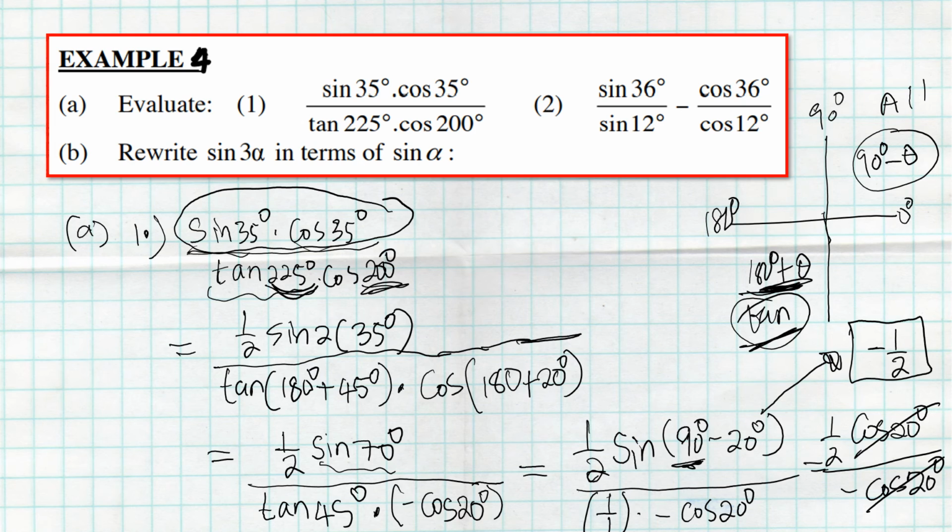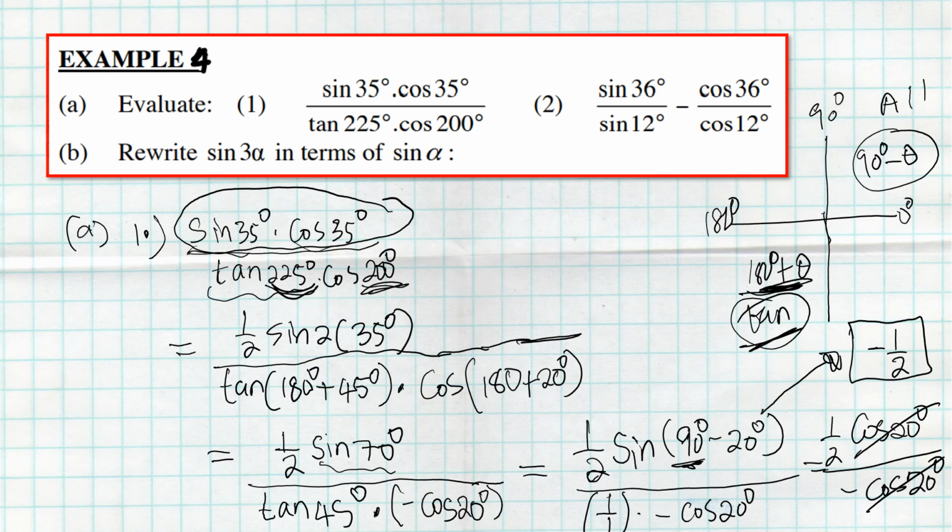It's very important that when solving trig identities, you must be thinking of all the knowledge that you have learned about reduction formulas, about co-ratios, also about compound angle identities and double angle identities, because all that knowledge can be combined in one question like this, and they can want you to simplify.